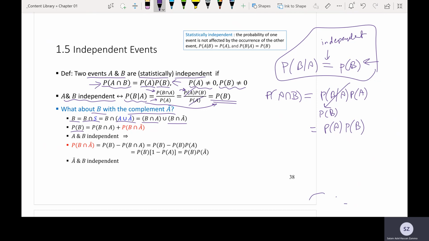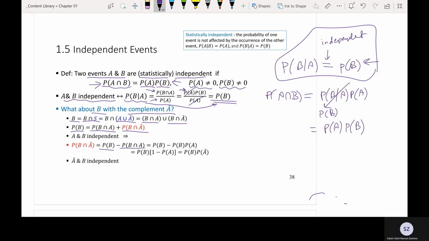They are disjoint. This is B intersect A, and this is B intersect the rest of the sample space. Because they are disjoint, the probability of B equals the probability of the first plus the probability of the second. Is that clear? So the probability of B intersect A complement equals the probability of B minus this.